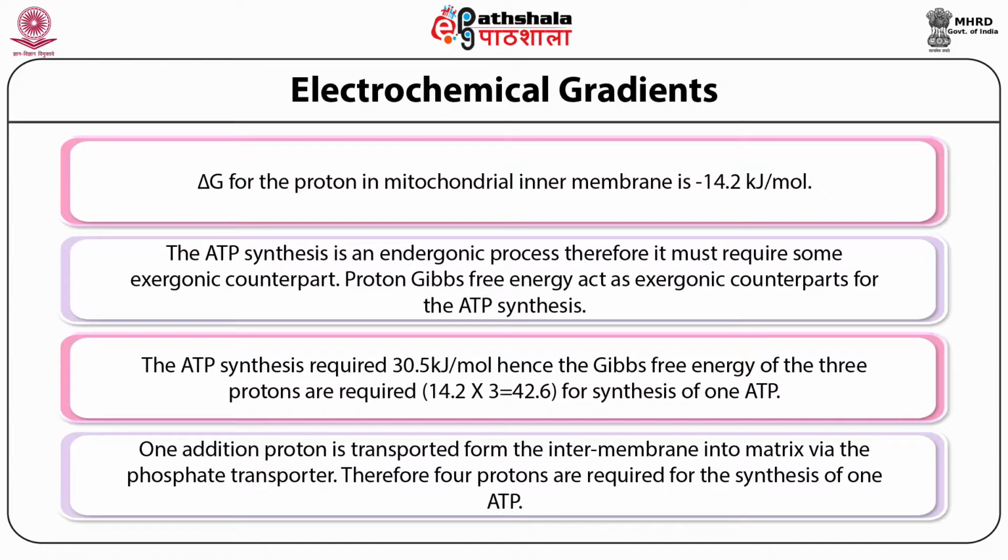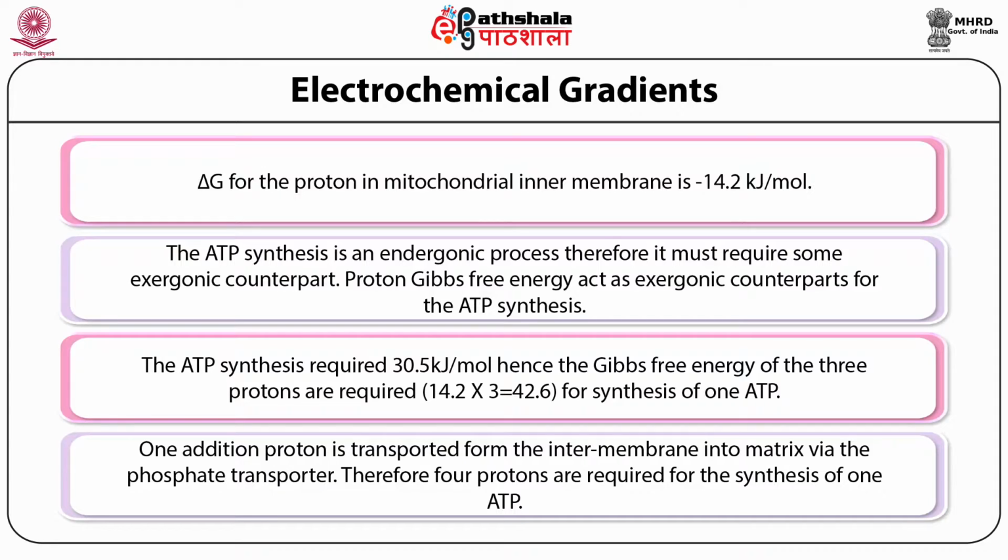So 3 protons are utilized for ATP synthesis, and one additional is required by the phosphate transporter. So 4 protons are required when they transfer from the intermembrane space back into the matrix to synthesize 1 ATP.